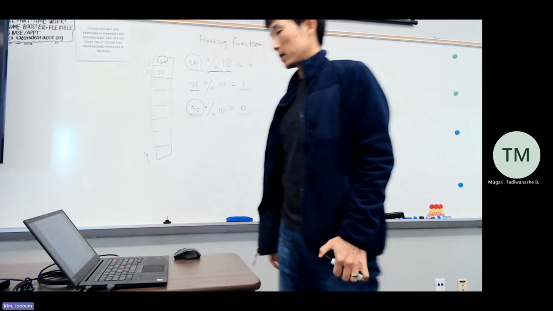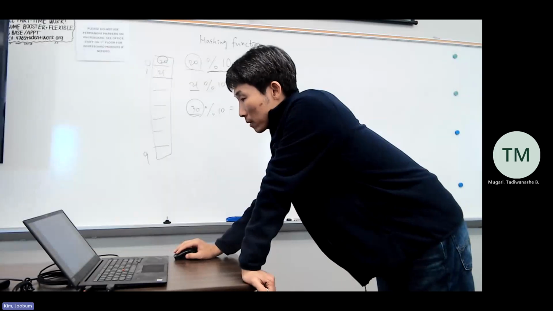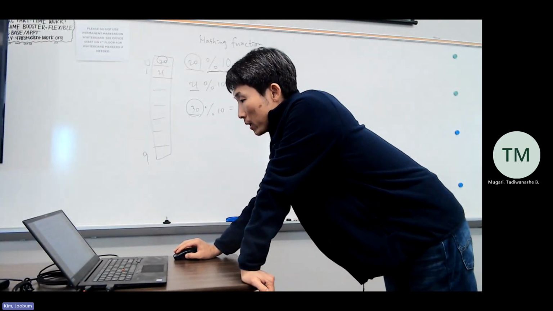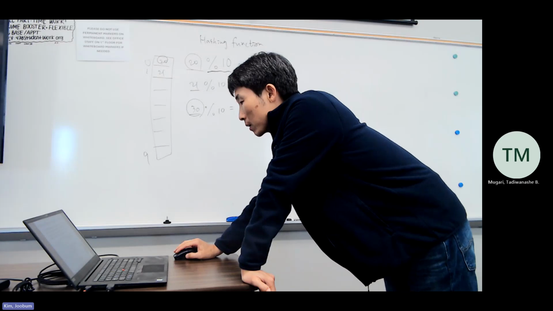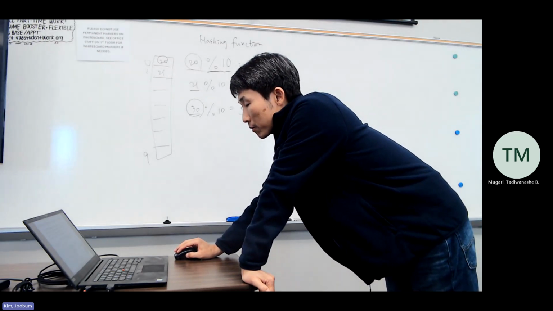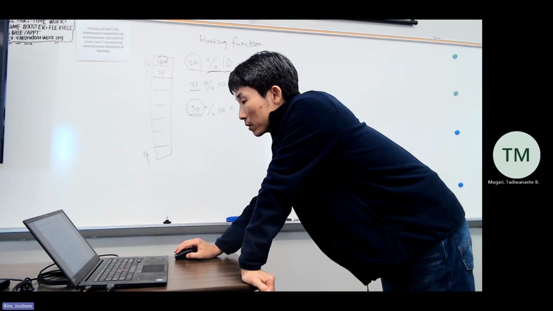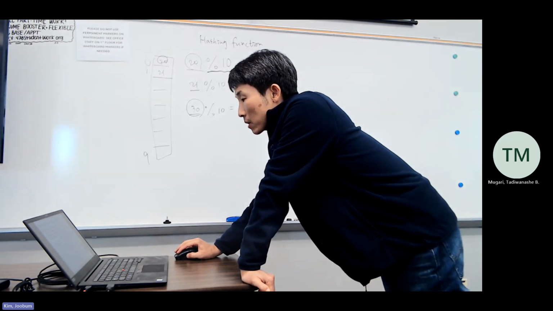And the next one is separate chaining. So simple. In this case, we don't use quadratic probing and double hashing. Just insert the complete key into the same index.